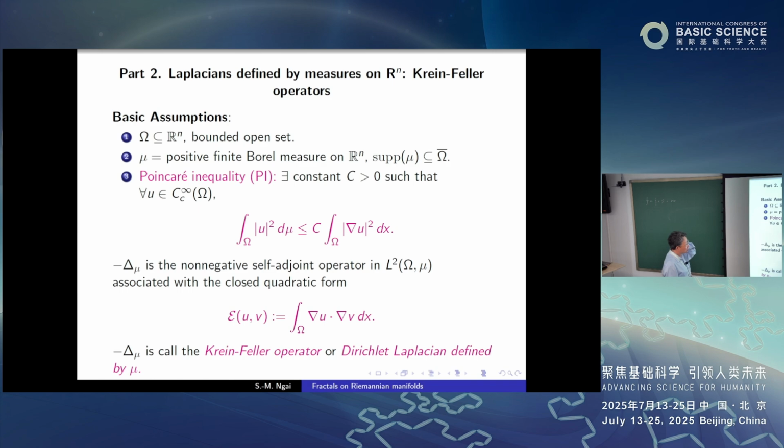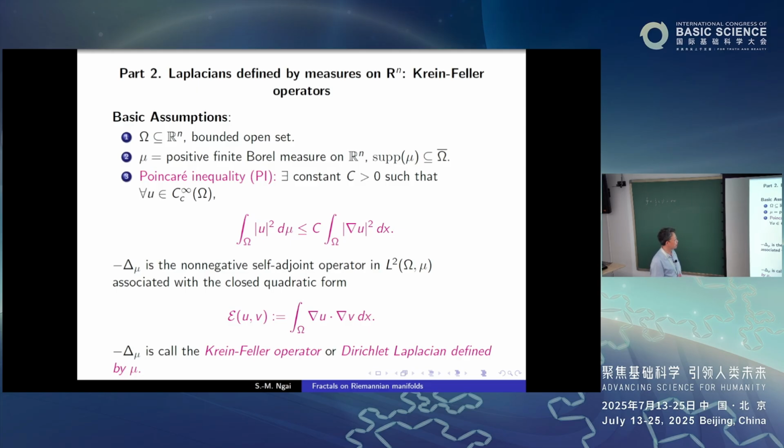Okay, so if this inequality holds, then we can define a non-negative self-adjoint operator associated with this closed form. Okay, this is a standard Dirichlet form, but the L2 space is different. So this is called the Krein-Feller operator or Dirichlet Laplacian defined by mu.